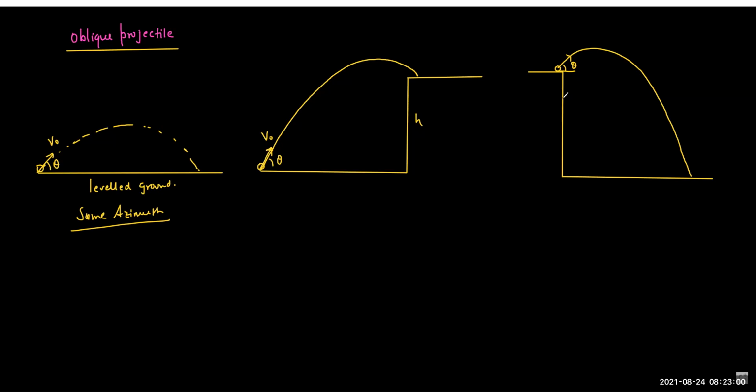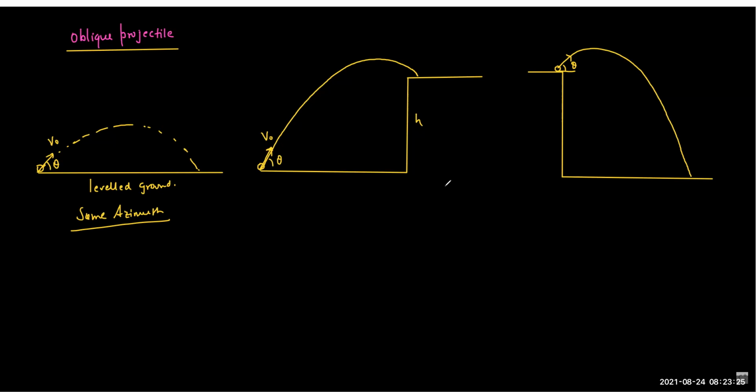So these are the three varieties, and the same thing we also learn as something called inclined plane projectile. We just put it into a different category for no reason, but that could be a possible case of oblique also, and that could be a possible case of horizontal projectile also. So we'll see it later on.